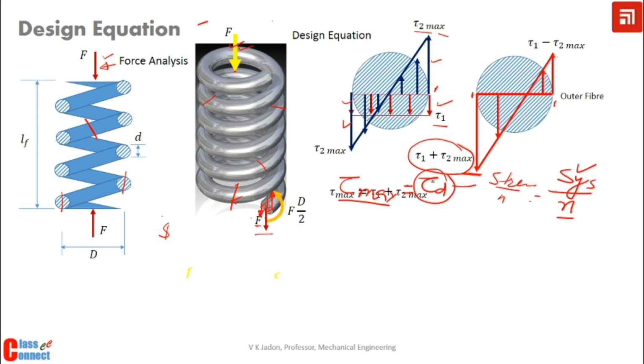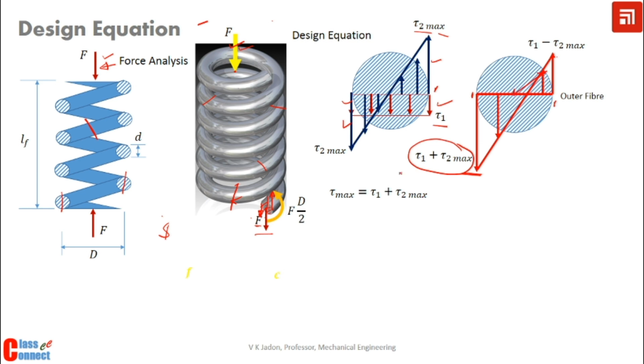Now we can substitute the values of tau 1 and tau 2, because tau 1 we know is nothing but the load divided by area, that is load is F and area of cross section is pi by 4 d square, and tau 2 maximum is nothing but MT by J into R maximum, and R maximum is nothing but capital D by 2.